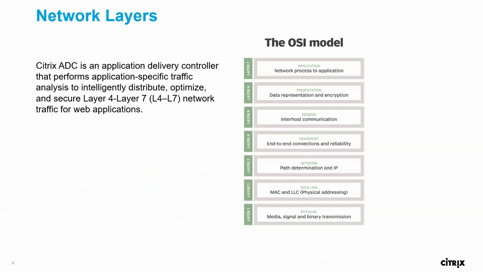Okay. Citrix is an application delivery controller that performs application-specific traffic analysis to intelligently distribute layer 4 to layer 7 network traffic for web applications. So we manage layer 4 to layer 7. Layer 1, layer 2, layer 3 will be managed by the network team: switches, routers, firewalls, everything.